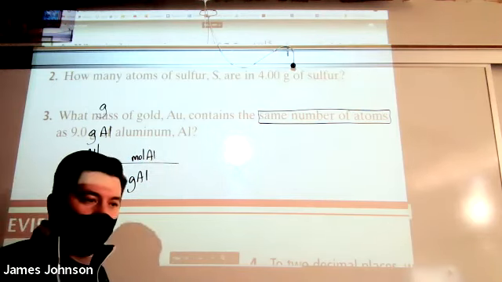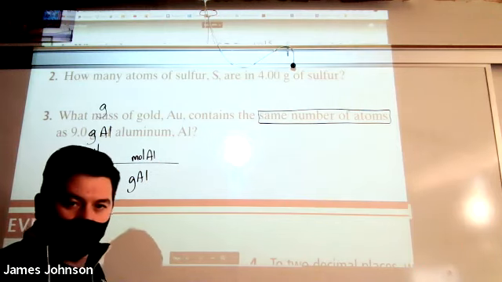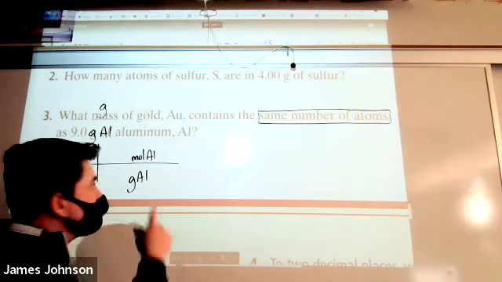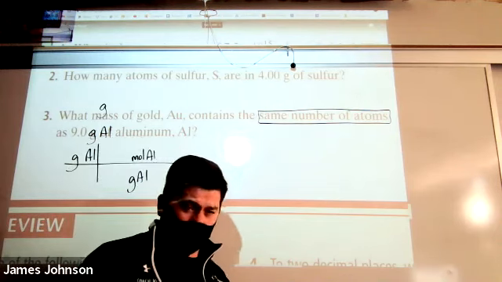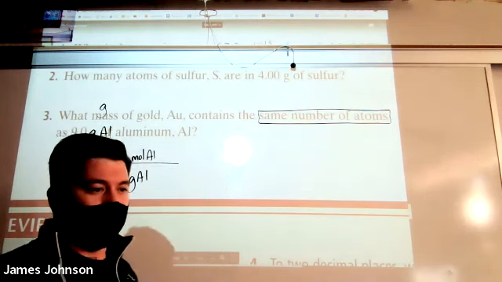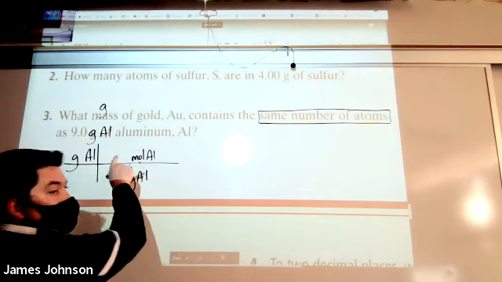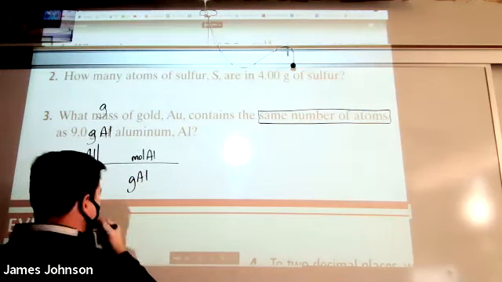You might be wondering, why are we converting into moles of aluminum when I want to get to atoms of aluminum? Well, remember, like in practice problem number 2, we don't have a statement of equality that allows us to go straight from grams to atoms. We can convert from grams into moles and then moles into atoms, but it's a 2-step process.